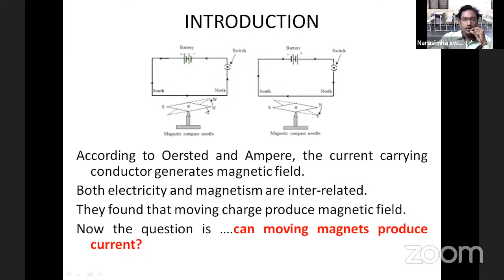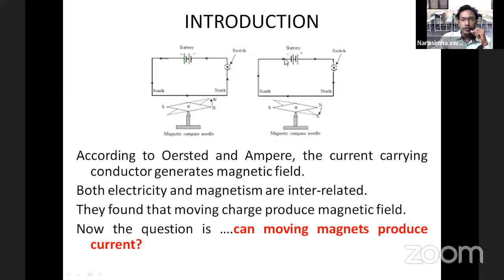Initially, the magnetic needle was aligned in the north and south directions, but the moment the switch is on, so that the current is flowing through the circuit, this needle is deflected towards the west direction.